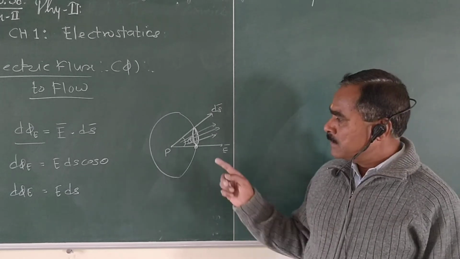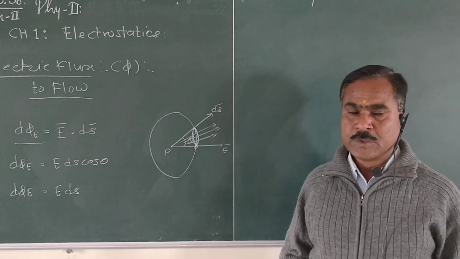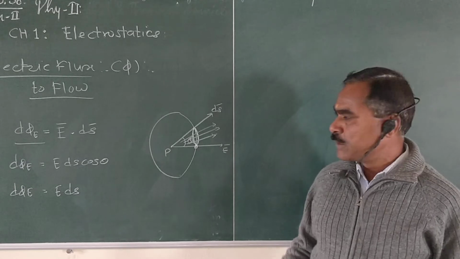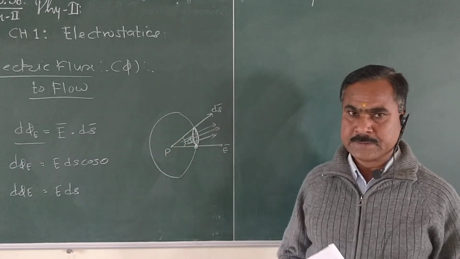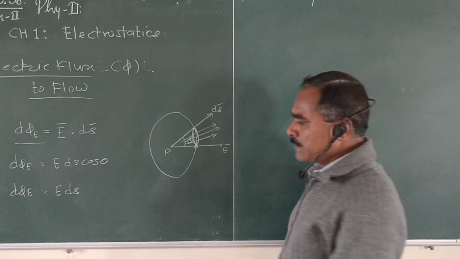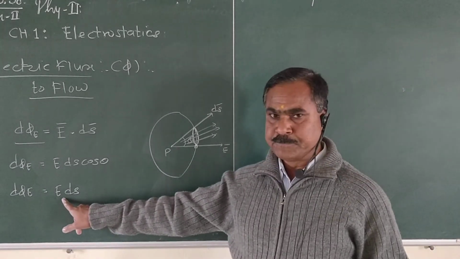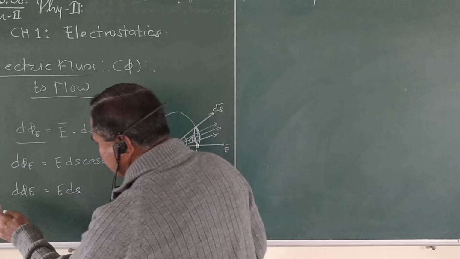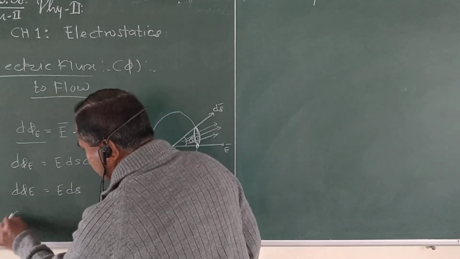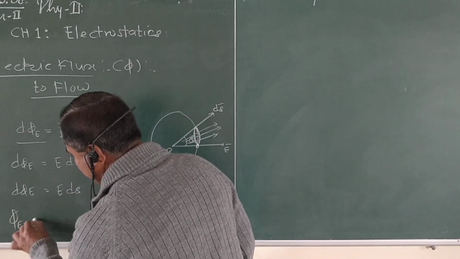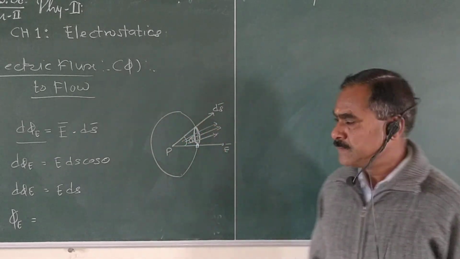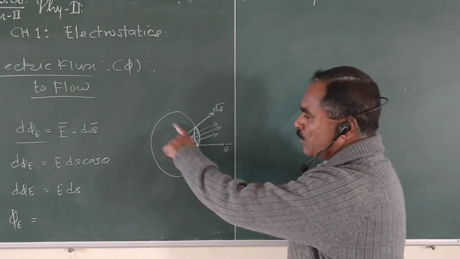Then if we want to calculate the total electric flux passing through the whole area, that can be calculated by integrating this equation. So we write the total electric flux passing through a closed surface. This is the closed surface.